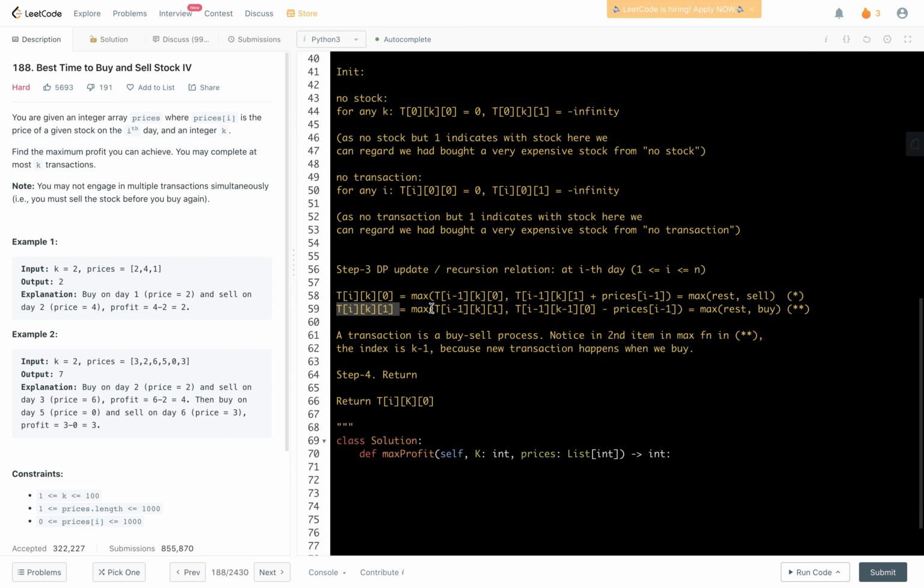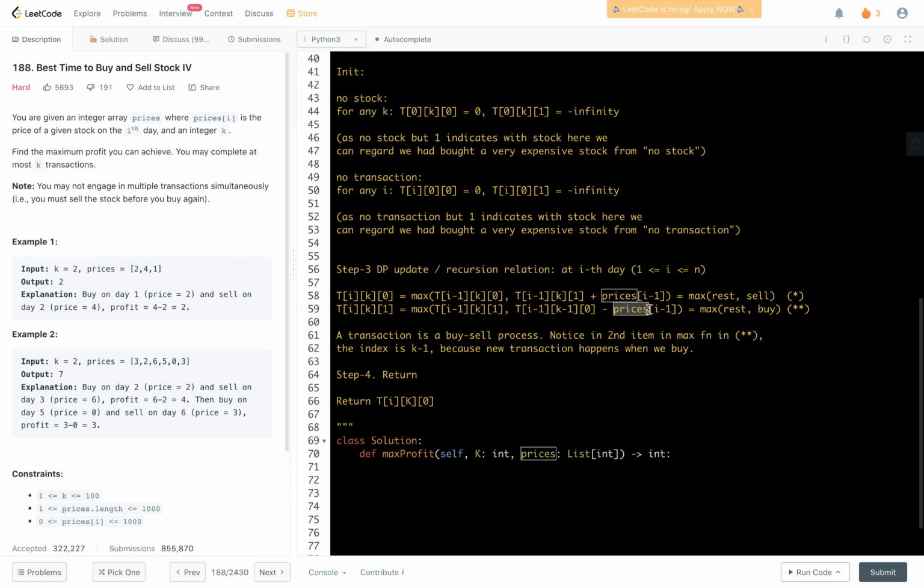And then T[i][k][1] means that at the end of day i we have stock, and this is the maximal profit. So it is actually the maximum of two terms. The first term means that on day i minus 1 we have stock, so on day i we just rest, in other words, we do nothing. Or another possibility is that on day i minus 1 we do not have stock, but on day i we can buy a stock. In this case K changes, because if we buy, a new transaction happens.